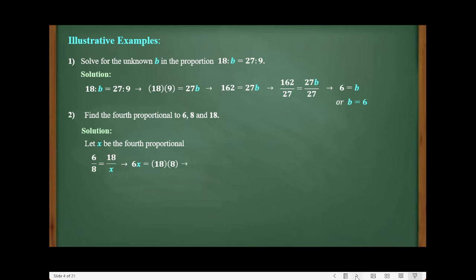We divide both sides by 6, or better yet, we take the product of these two, that is 144, and from this resulting equation we divide both sides by 6 in order to find the value of x. So x is equal to 24.